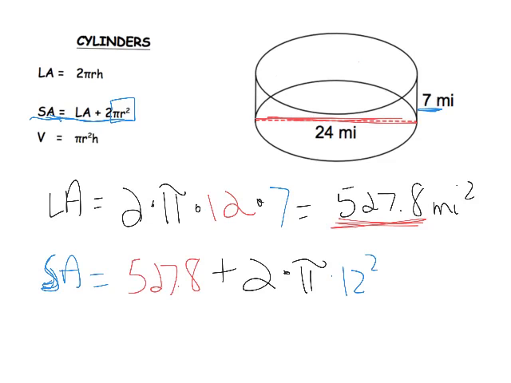And then you hit equals, and hopefully this is what you get. Again, you're rounding to the nearest tenth. So 1,432.6 miles squared. Okay? So that is lateral area and surface area.